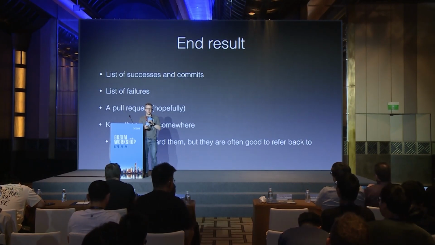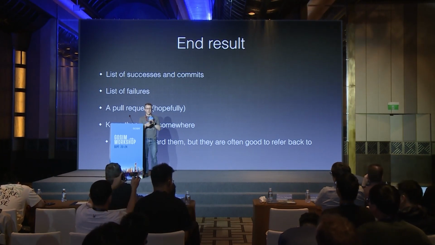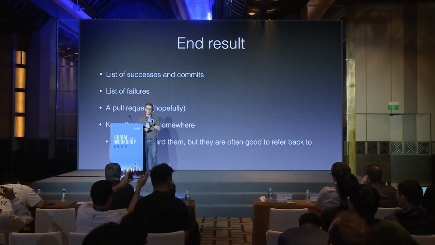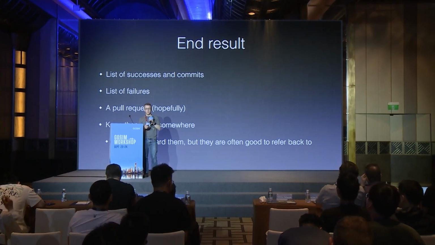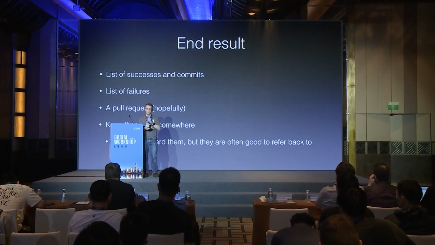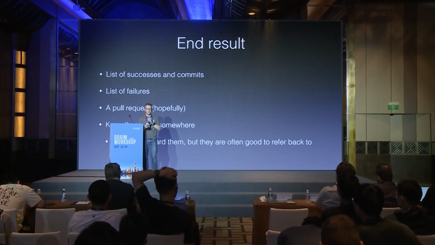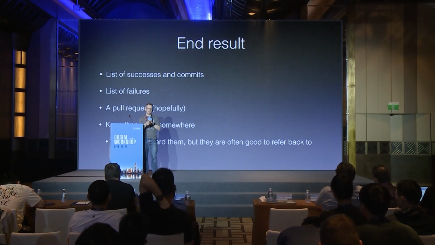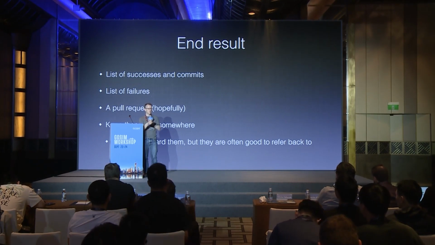So the end result of this process is hopefully something like this. You have a list of successes and some commits implementing those successful ideas. You have a list of failures. If you're lucky, you have a pull request that will be accepted. A final thing to mention is that it's a good idea to keep these lists around. I used to generate these kinds of lists and then just delete them when I thought I'd finished with the code.